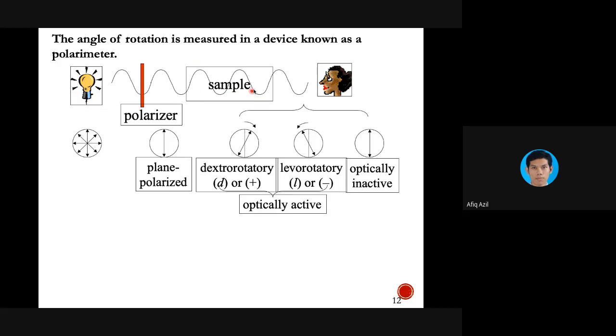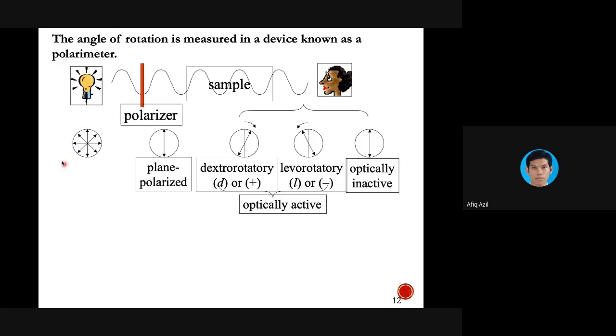Then you're going to put your sample. The sample is the organic compound. This is how the organic compound can be determined, whether it is optically active or not, by analysis. So this is the viewer. What the viewer will see is this plane polarized light, coming in from one angle.